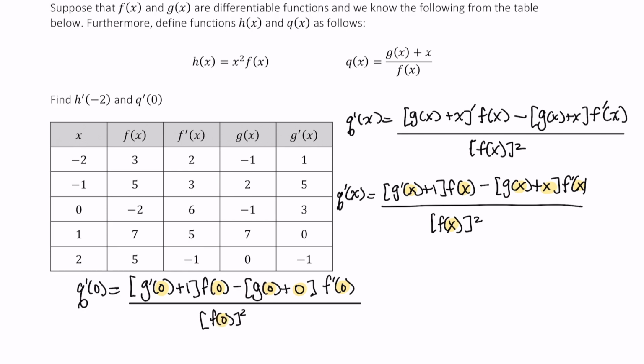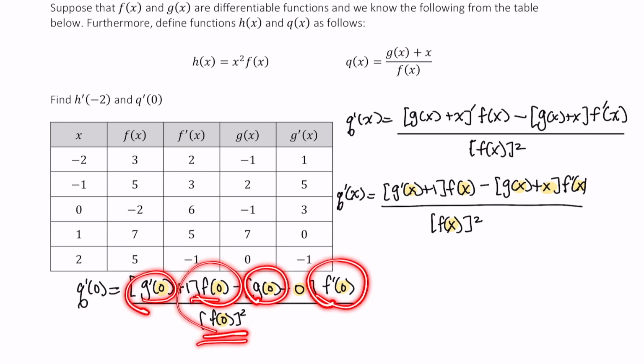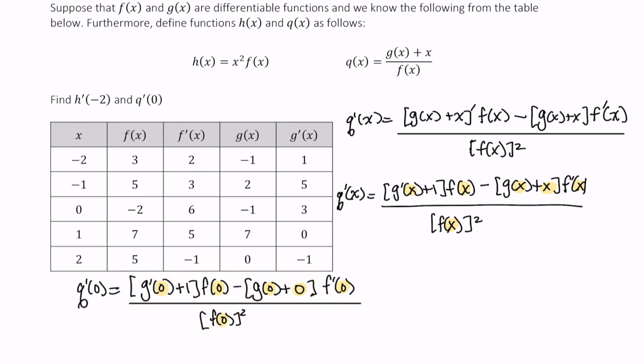Now let's use our table to finish. We need to evaluate g prime of 0, g of 0, f prime of 0, and f of 0. I'll begin with g prime of 0. That's equal to 3 here, and I'll write that down. g prime of 0 is equal to 3.